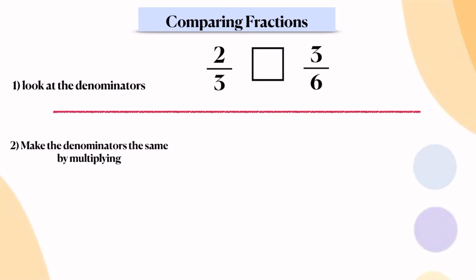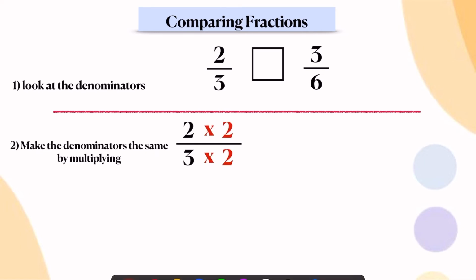Step 2, make the denominator the same by multiplying. Now can you tell me, how do I get 6 from 3? By multiplying, how do I get 6 from 3? I have to multiply 3 by 2, right? Can you remember the rule?